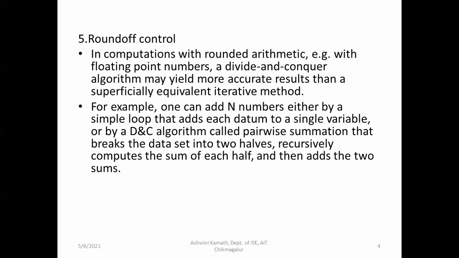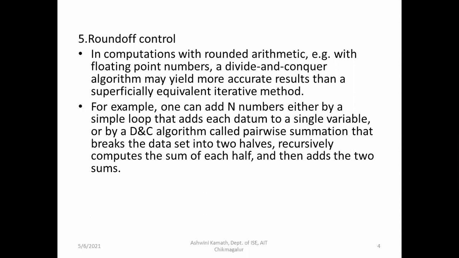Then pairwise summation starts adding two values together. Or we can divide until we get single values and begin by adding one single-value array with another. This will recursively compute the sum of each half and then add the two sums.